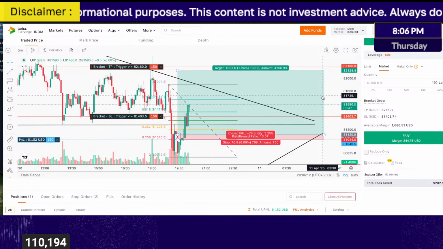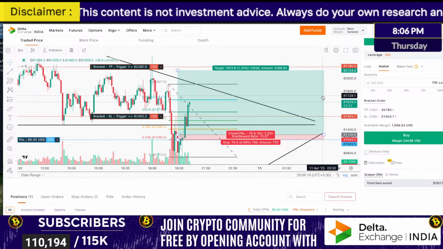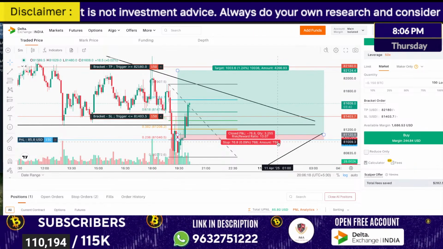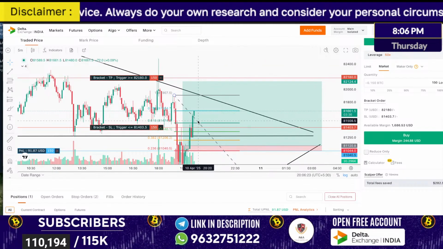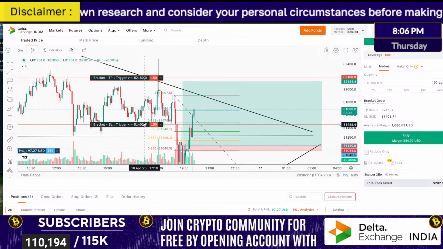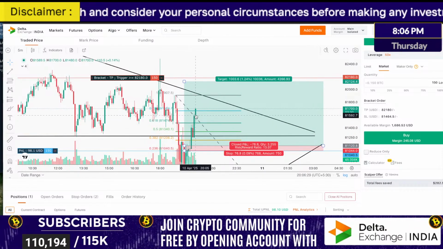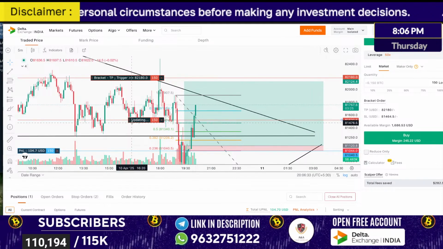Still holding. Okay, good. This is a very crucial zone, traders. So who wants to trail, keep trailing and going, to be on the safer side.